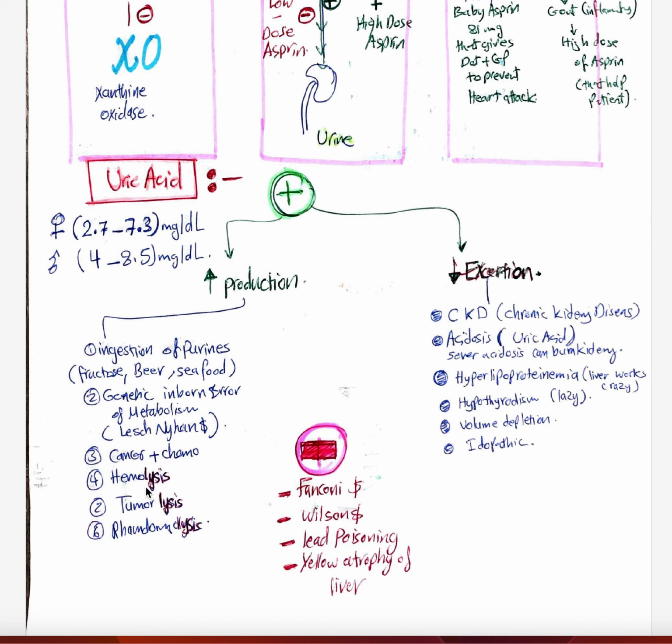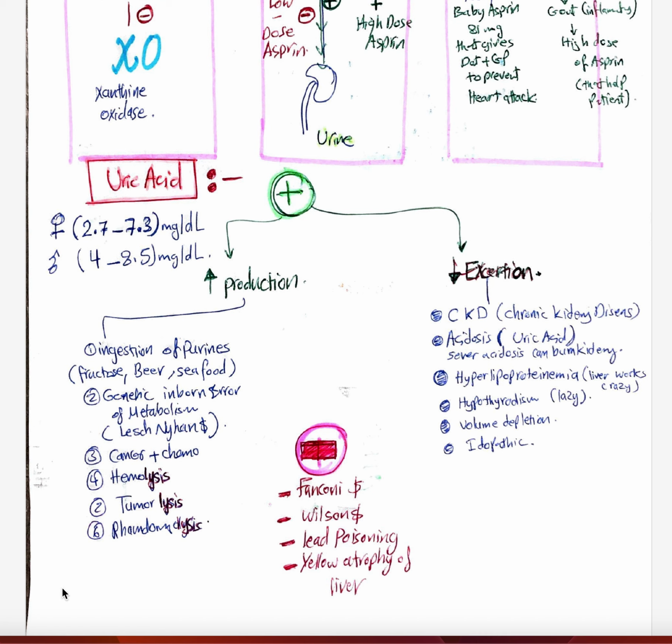Hemolysis sometimes leads to uric acid formation, because it leads to degradation. Tumor lysis, the degradation of the tumor, also leads to uric acid, and that explains why chemotherapy may lead to the formation of uric acid and lysis.